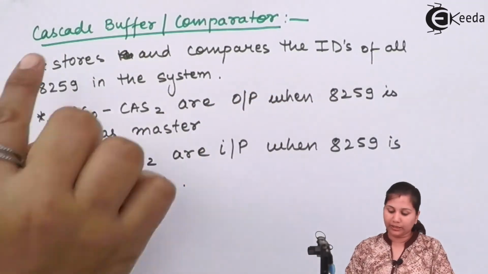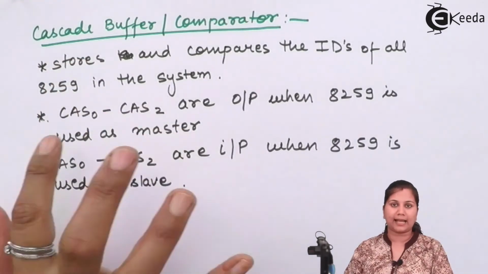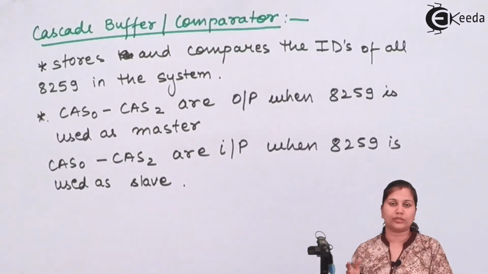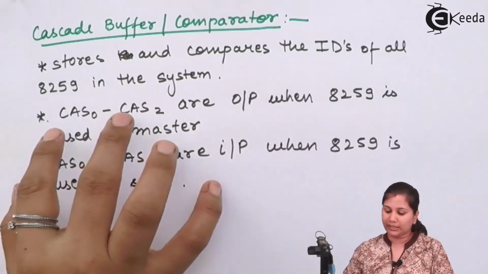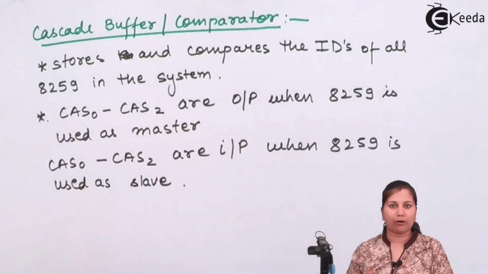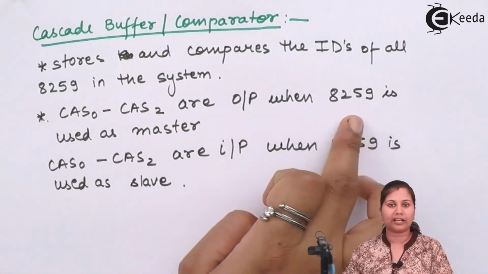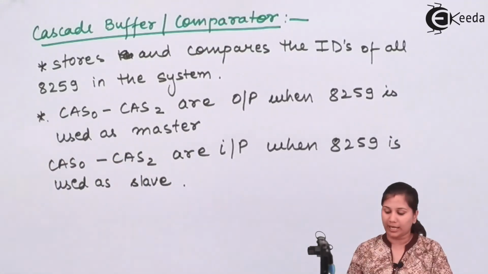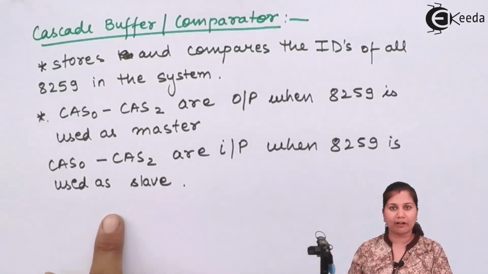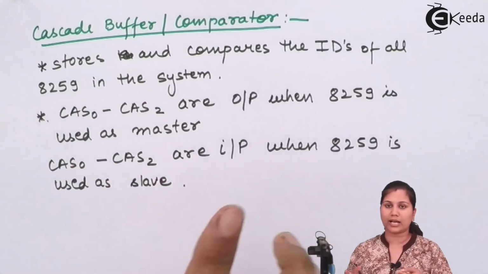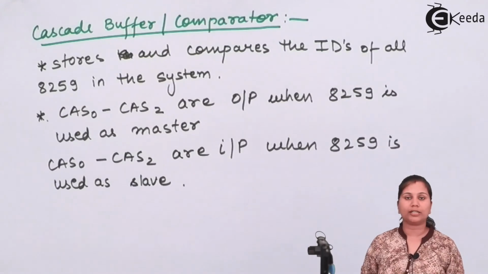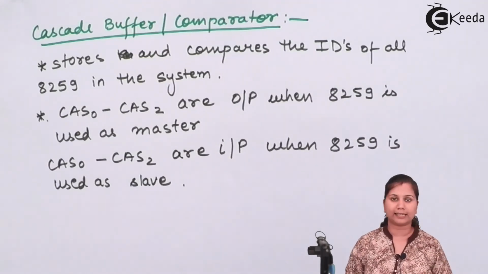This block has the 3 cascade lines, CAS0, CAS1 and CAS2. These 3 lines are used as output lines when the 8259 IC is used as the master IC, and when it is used as the slave IC, these lines are used as input lines. Master and slave configuration is decided by the signal SP.